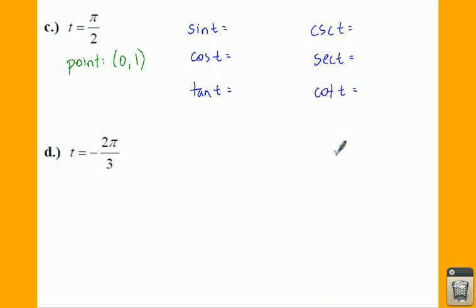Now, anytime you have one of the 4 points that are on your axes, these are super nice because you're only dealing with zeros and ones. So if we look at our x and our y, cosine is x, so cosine is 0, sine is a 1, and then we need to figure out the reciprocal. The reciprocal of 1 is just 1 over 1, so that means you have a 1.